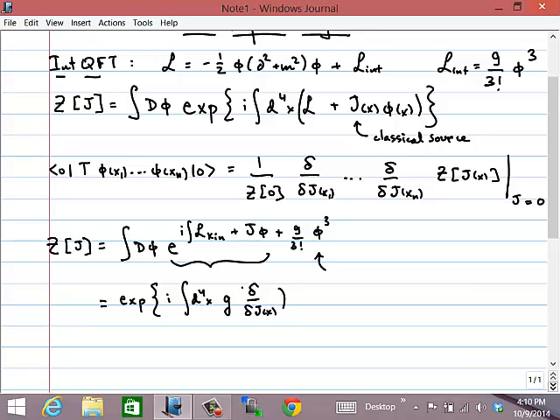Okay. So that's the interaction term. Sorry, there's a 3 factorial there.